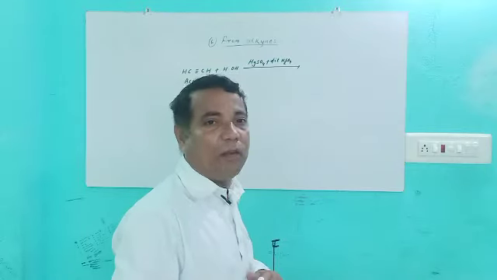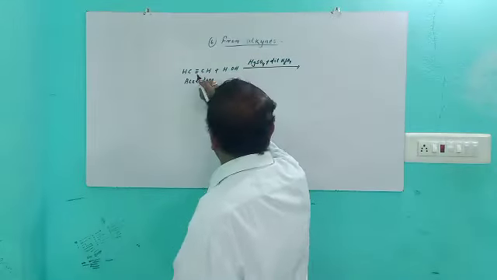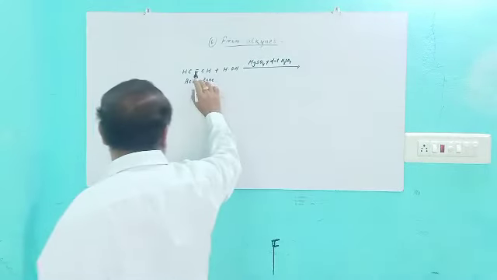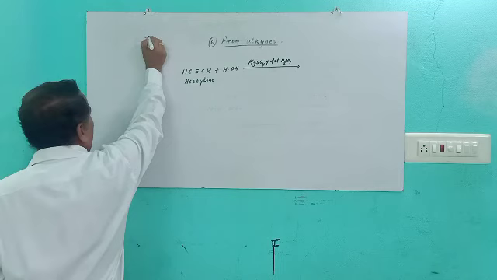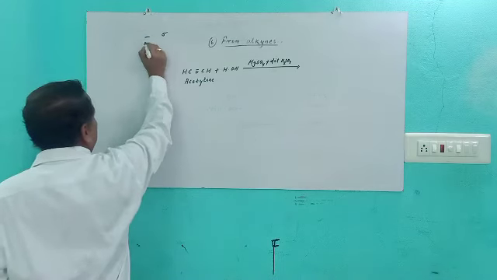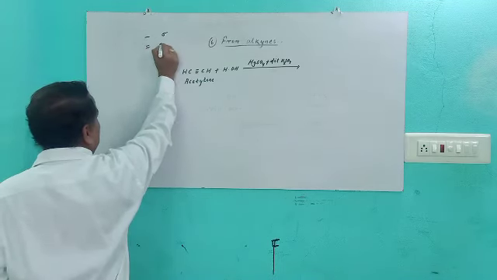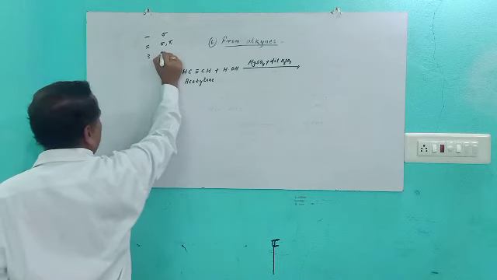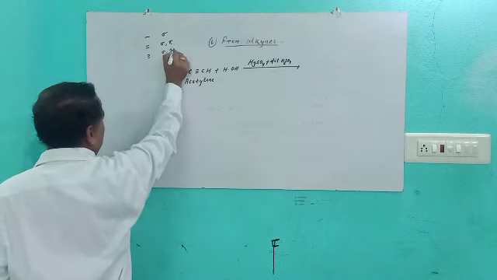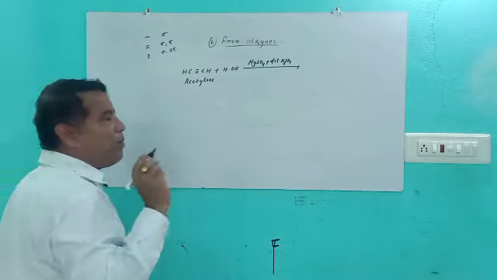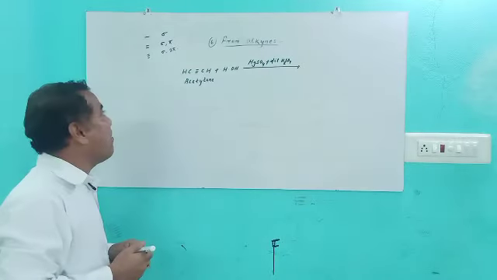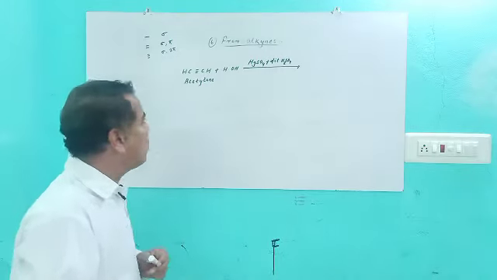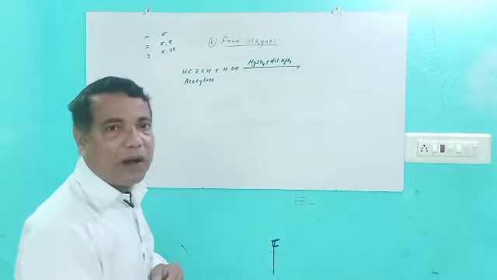When acetylene reacts in the presence of acidified mercuric sulfate solution, first vinyl alcohol is formed. Out of a triple bond, one is sigma, the other two are pi. A single bond always represents a sigma bond. A double bond represents one sigma and one pi. A triple bond represents one sigma and two pi bonds. Pi bonds easily rupture when an addition reaction takes place, because pi bonds are weaker than sigma bonds.